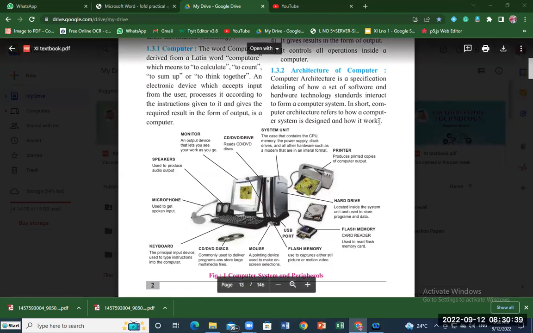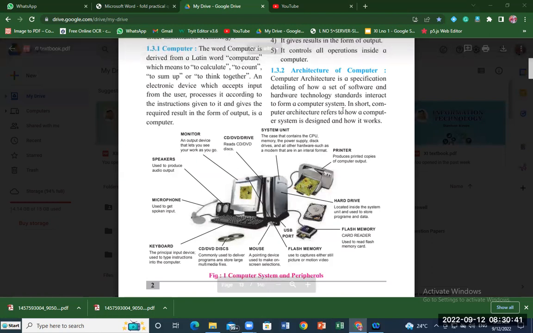In short, computer architecture refers to how a computer system is designed and how it works. Correct? As I told you, the working model, how it works and what are the different parts, that is the architecture of a computer.